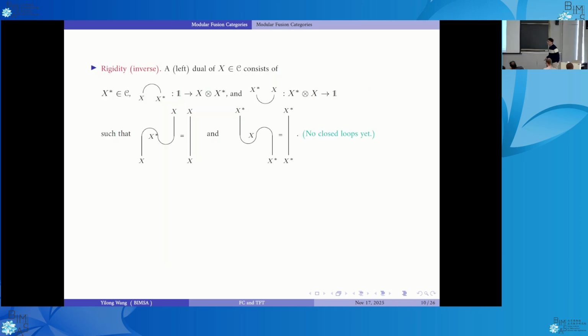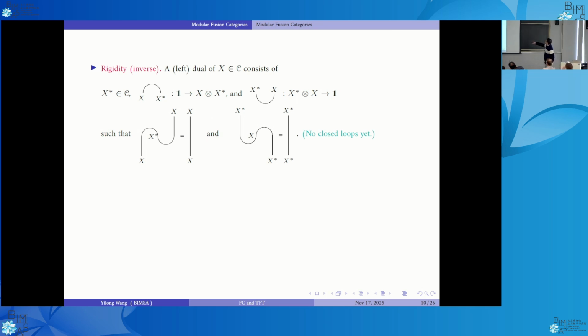So we want some kind of duality in the modular fusion category. And to characterize duality, we not only need a dual object, but also need special morphisms. Remember, objects are characterized by morphisms. So such morphisms give the dual structure. That means I have a special morphism from the tensor unit, there's nothing to draw, to X tensor X star, and likewise. Then I can consider the composition of this tensor product of morphisms, and I will be able to draw such diagrams.